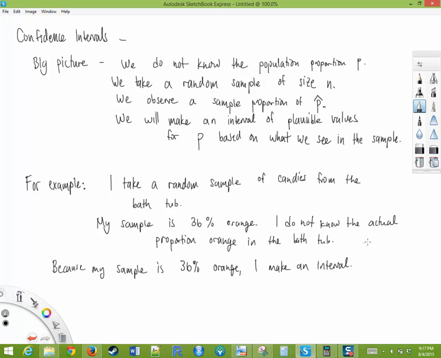So I might say my interval is 36% with a margin of error of, let's say, 5%. Or this can also be rewritten as 0.36 plus or minus 0.05.